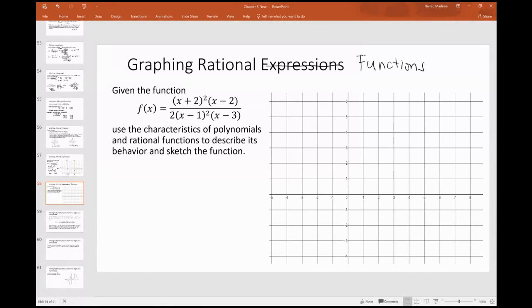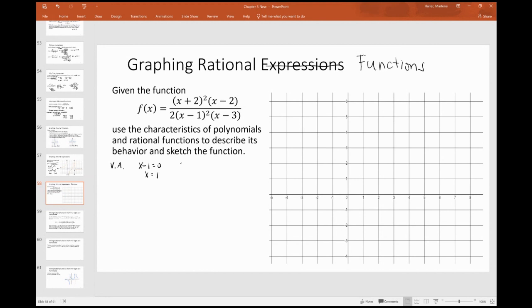All right, so the best way to do that is to use these characteristics we've just discussed. Where do we begin? It doesn't really matter. How about if we start with the vertical asymptotes? Let's look at that denominator. We have a factor of x minus 1. That means x equals 1 is one vertical asymptote.